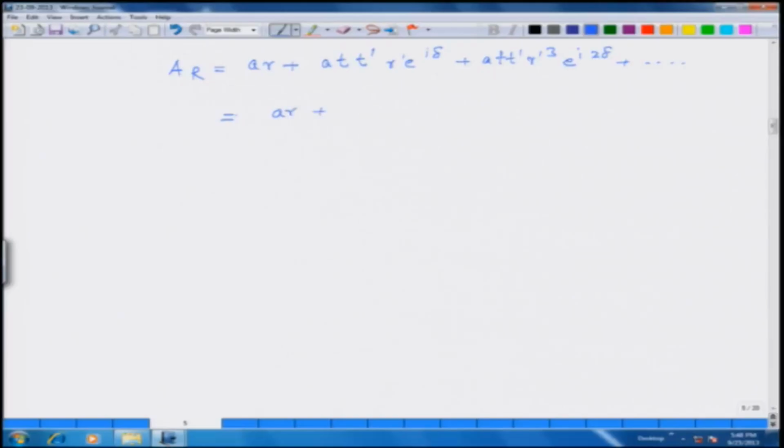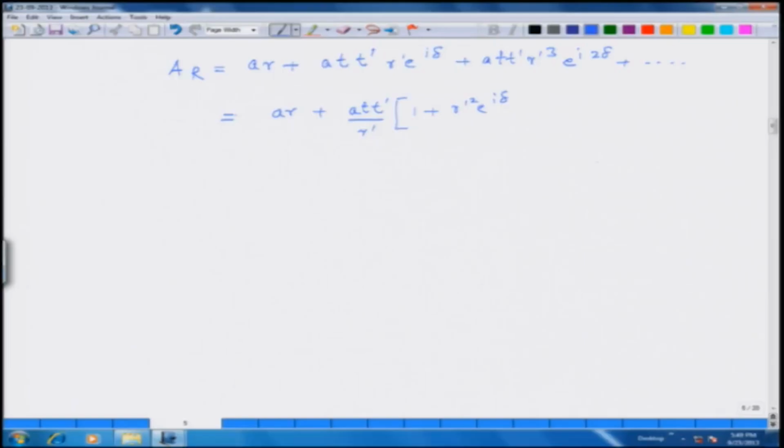I am trying to make it simpler to do the final analysis. So, I can take A t t prime over r prime out. So, there is no r prime, which means I have to multiply the rest with r prime. If I take A t t prime and multiply the whole thing with r prime, then I am going to get here r square, r prime square, 1 plus r prime square exponential i delta.